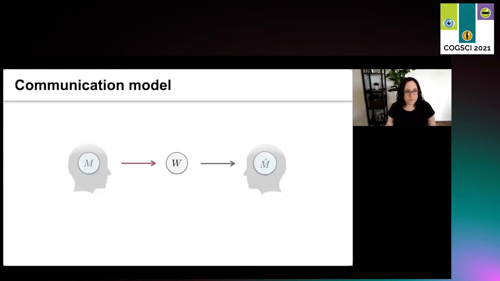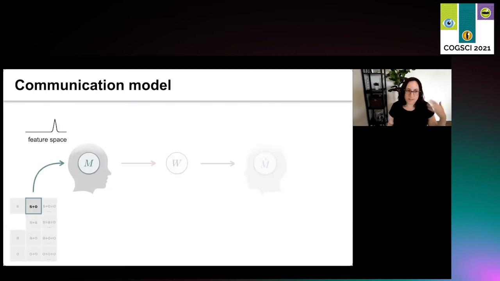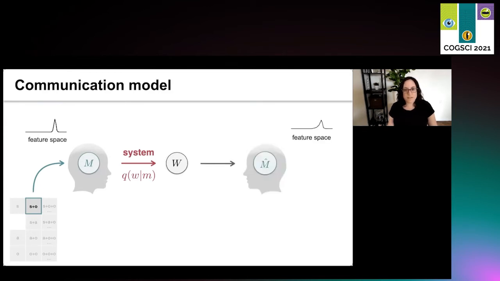So this framework is based on a simple communication model in which a speaker mentally represents a target referent by a distribution M over some feature space that we will define later on, and then communicates this representation to the listener by encoding it into a linguistic form, W. The listener then tries to infer the speaker's representation by constructing an estimator M hat.